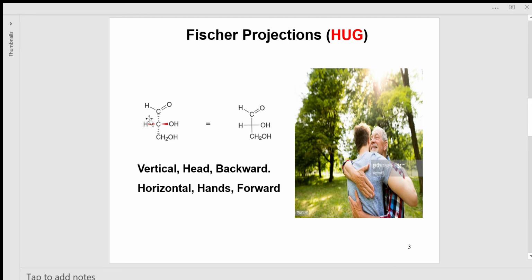You see, the two hands, basically this is the two hands. When you hug your friends, your two hands will be in the forward position. See? The head will be backward.